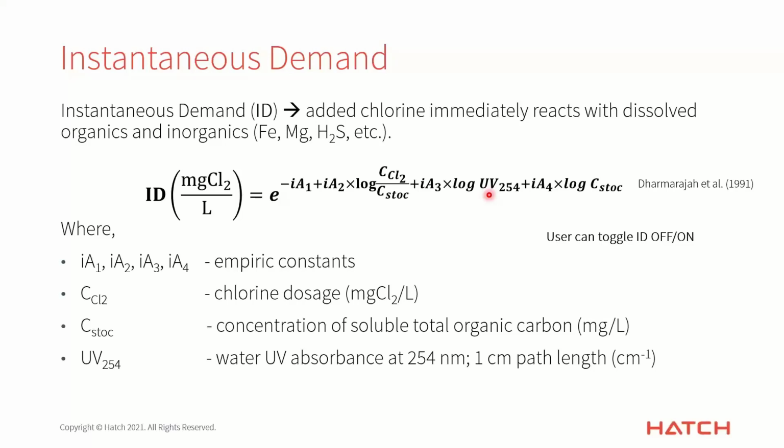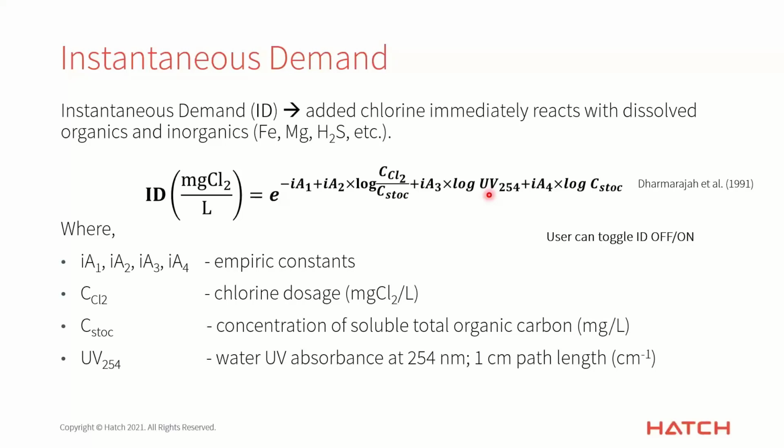And this is the instantaneous demand calculation. So in GPS-X, we use an empirical relation that uses the chlorine dosage, the UV254 absorbance, and the soluble total organic carbon to calculate the chlorine that is expected to immediately react with organics. So that is the instantaneous demand, and the inorganics in the wastewater. We calculate UV254 using a surrogate relationship with the soluble inert organic concentration.